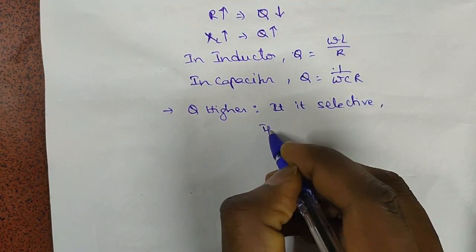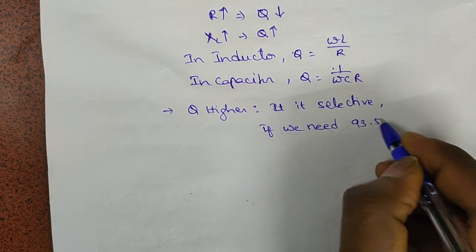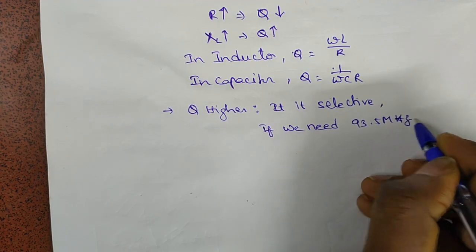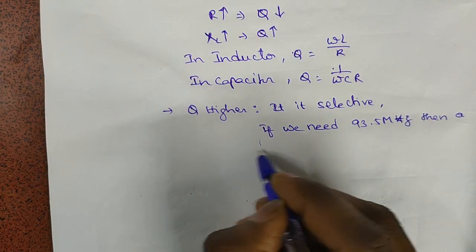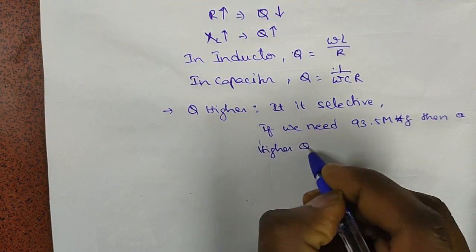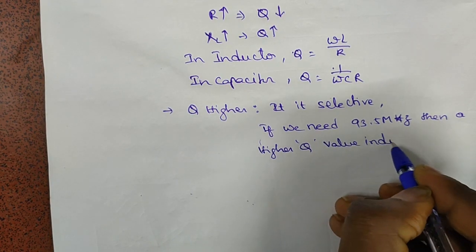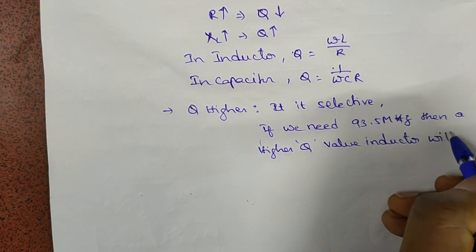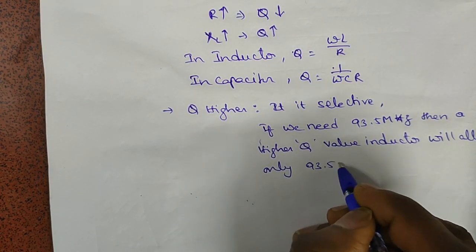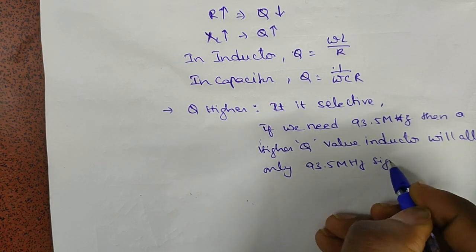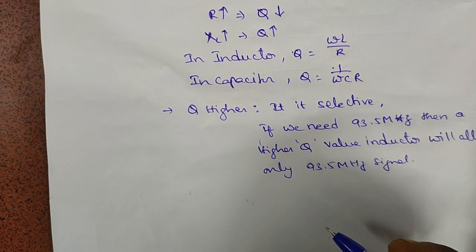That means if we need 93.5 megahertz, then a higher Q value inductor will allow only the 93.5 megahertz signal. That is the usefulness of high Q value.